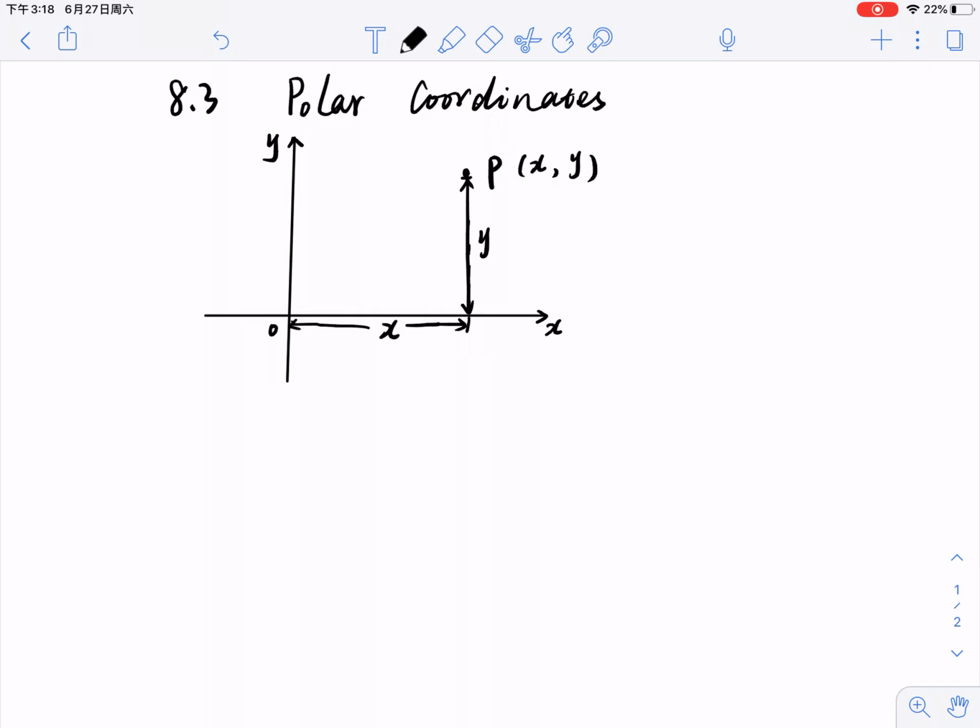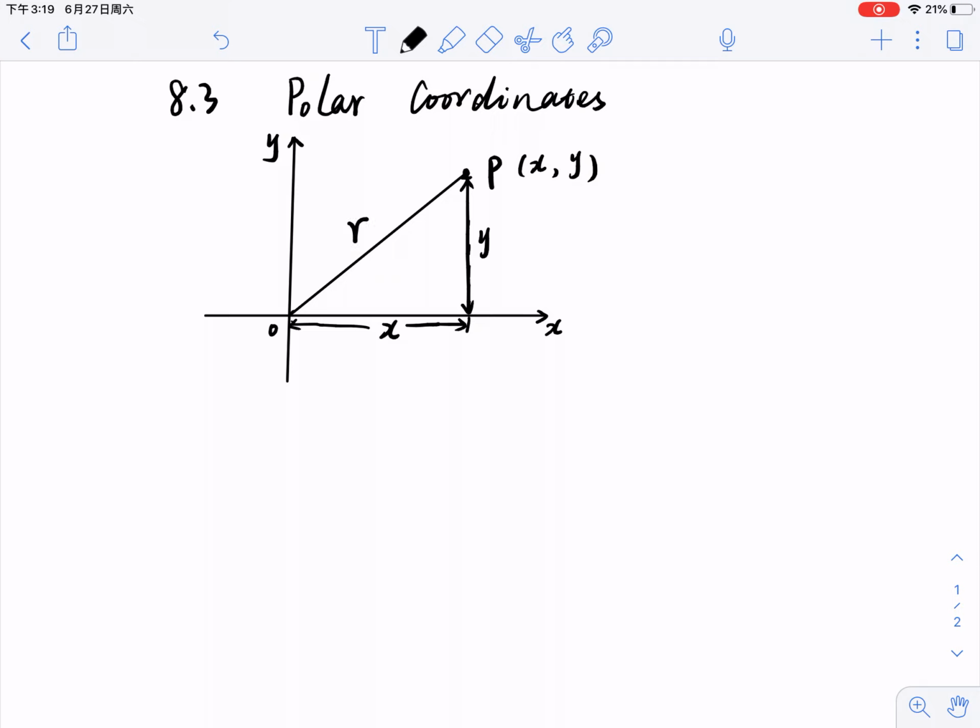Alternatively, we also can identify the point P by specifying its distance from the origin and the angle. The distance means the distance from the point P to the origin. We call this distance r.